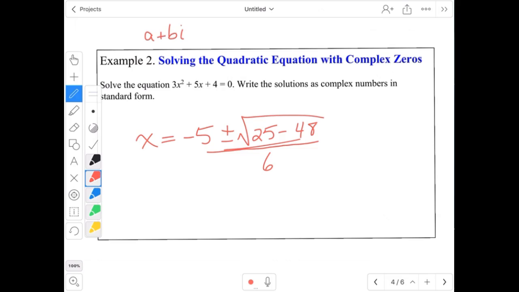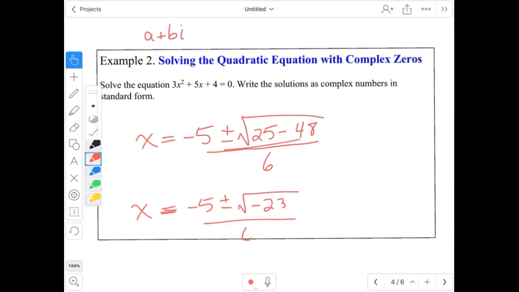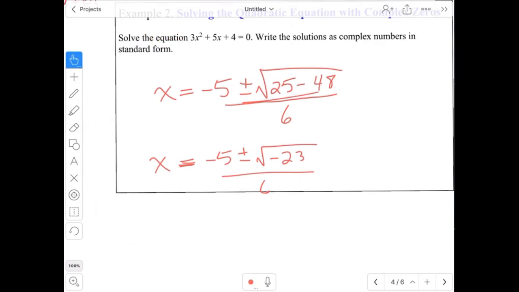25 minus 48 would give us negative 23. So x is equal to negative 5 plus or minus the square root of negative 23 all over 6. So if this is going to be a complex number, let me just move up a little bit more, we'll get that out of the way.